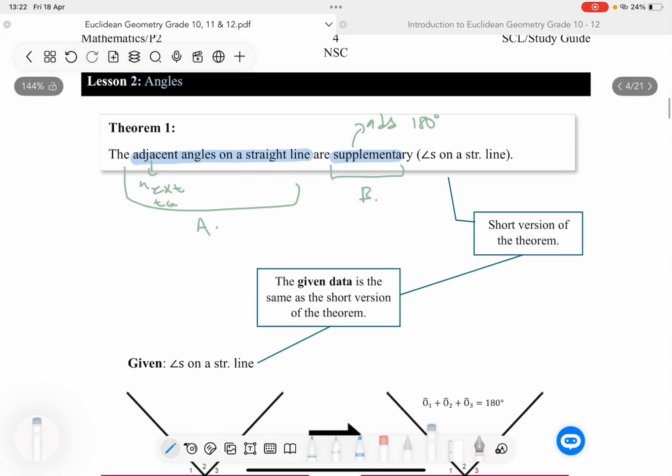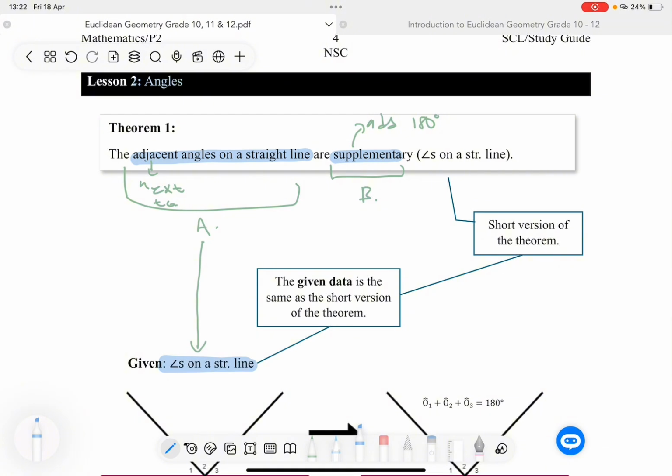However, it is important to notice that if I were to take this A part and write it down, meaning, if I were to write this statement from here to here, which we said is the A part, it will simply be written as angles on a straight line, because that's what we have here. Obviously, they are adjacent, so we write them in that sense, to say angles on a straight line.